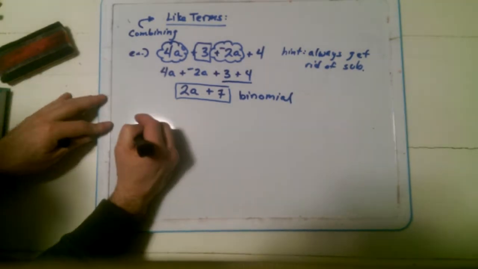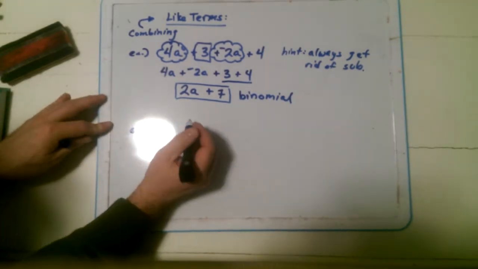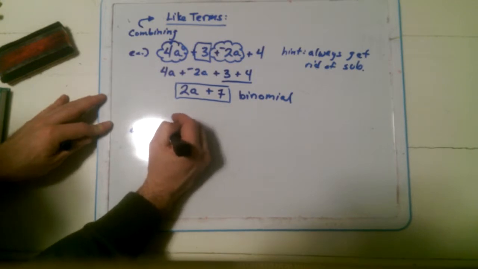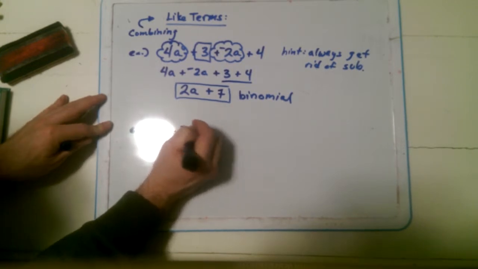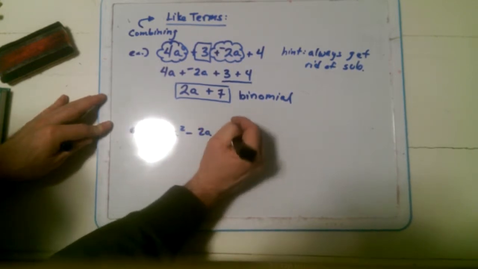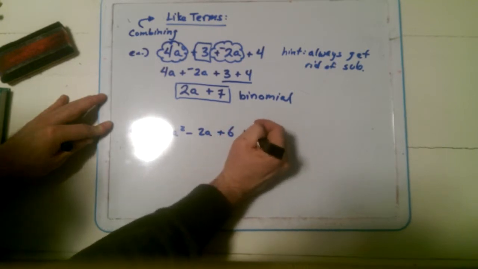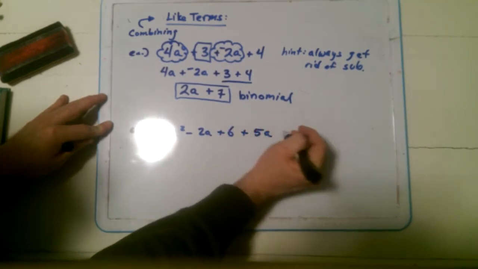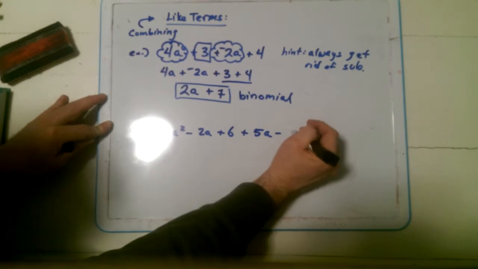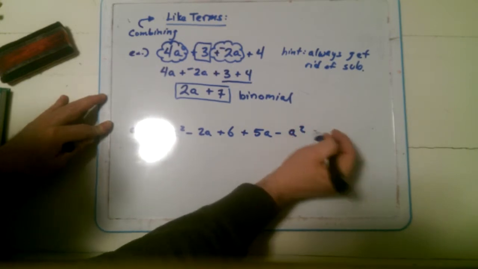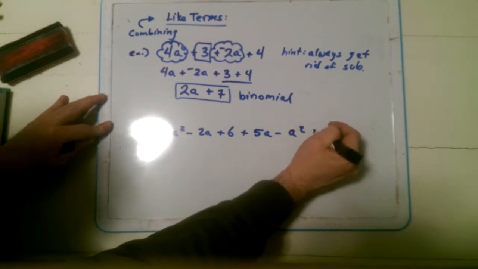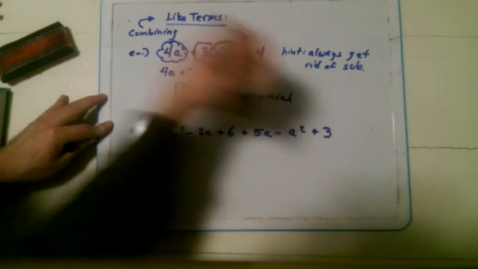So if we make this a little bit harder, we may get something that looks like this: 3a squared minus 2a plus 6 plus 5a minus a squared plus 3.